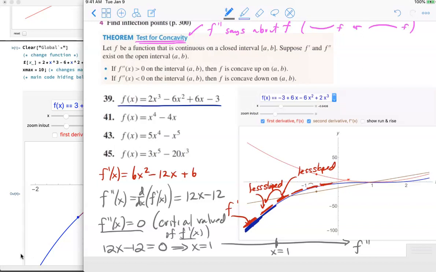So x equals 1 is our only critical value of the first derivative function.